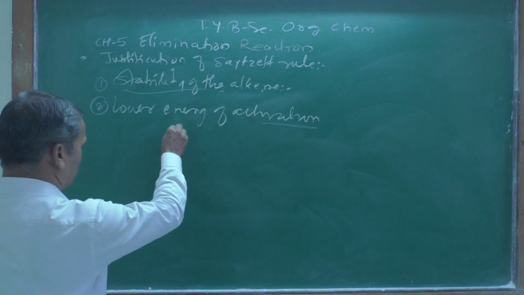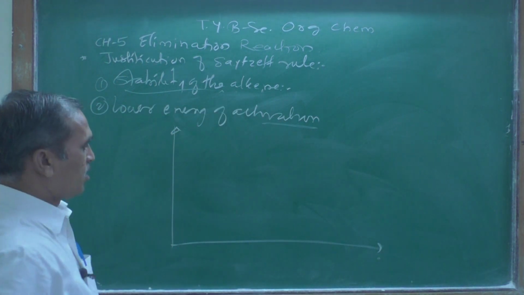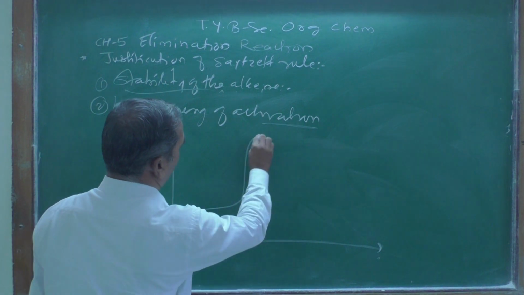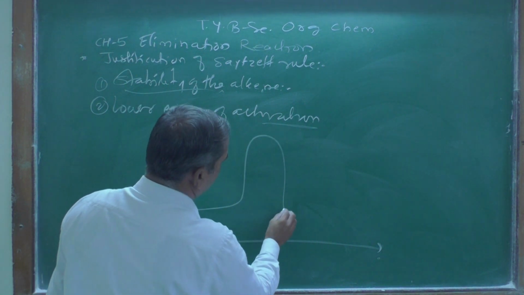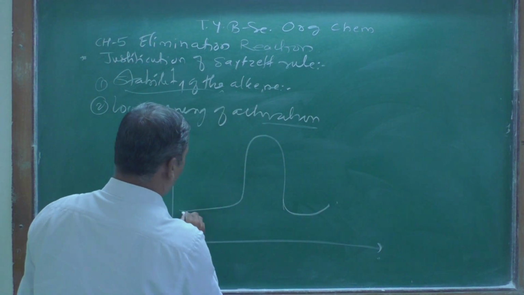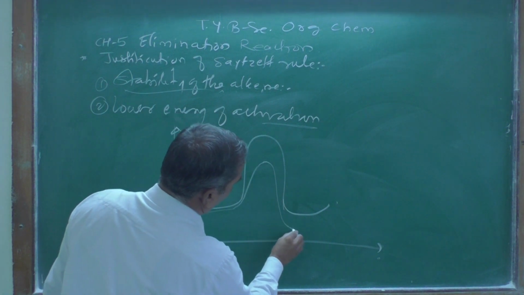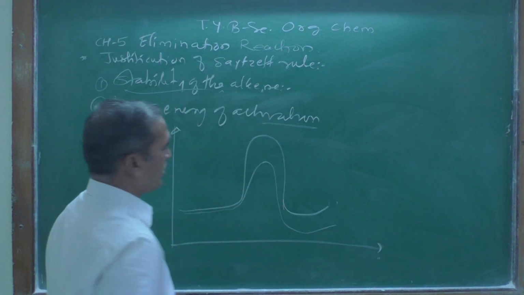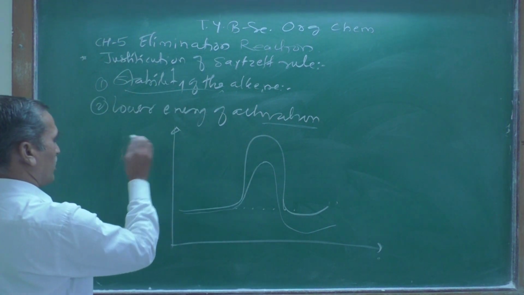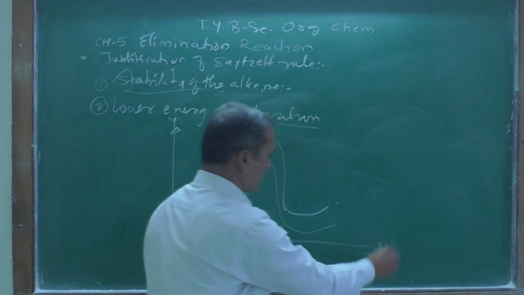Look here, just now in the case of the CH-5 rule we are talking about, what is happening at the initial stage, we are taking this type of compound and we are getting another one, which we will get as this type of thing, right? This is the energy profile diagram.